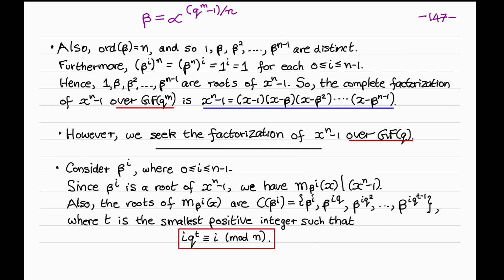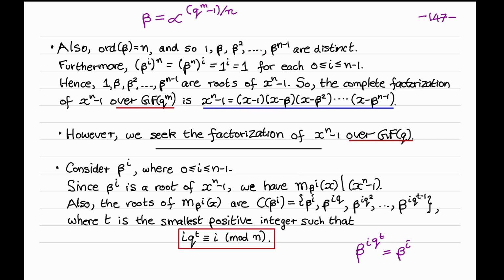Furthermore, the roots of this minimal polynomial are the conjugates of beta to the i with respect to GF(q). And these conjugates are beta to the i, beta to the iq, beta to the iq squared, up to beta to the i times q to the t minus 1, where t is the smallest positive integer such that the next conjugate in this list, namely beta to the power i times q to the power t, equals the first conjugate, beta to the i.